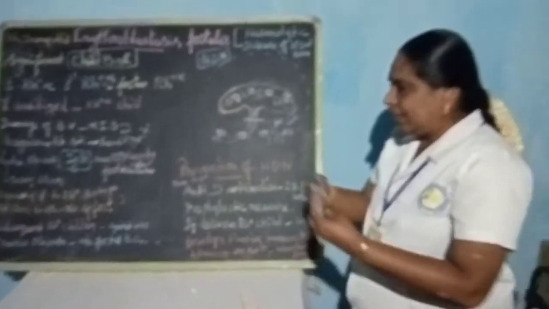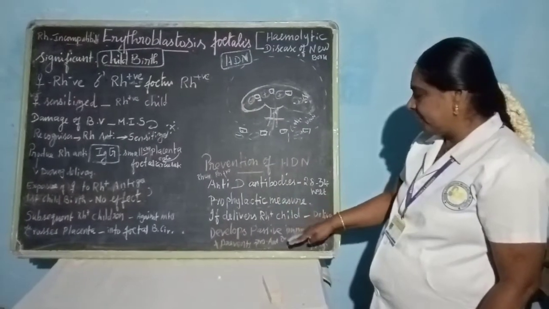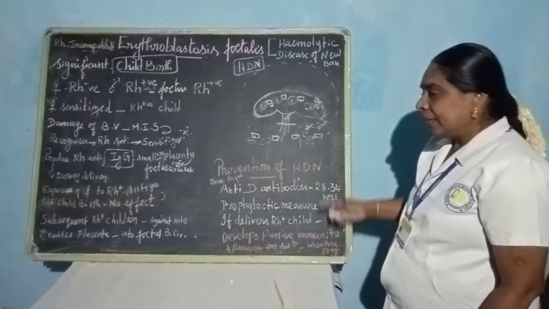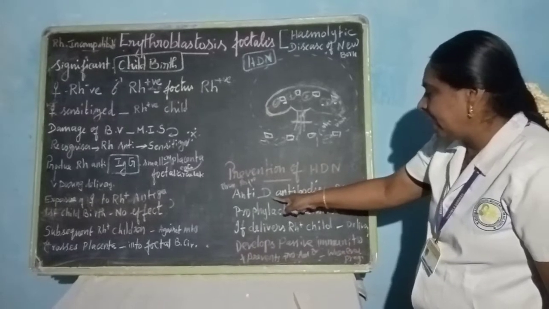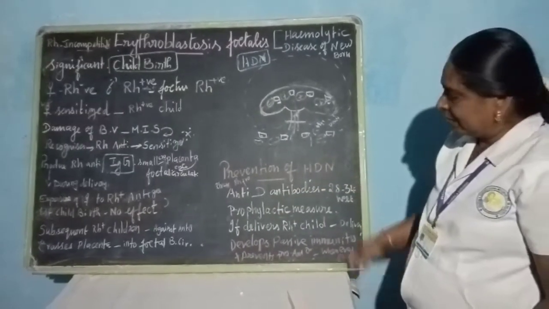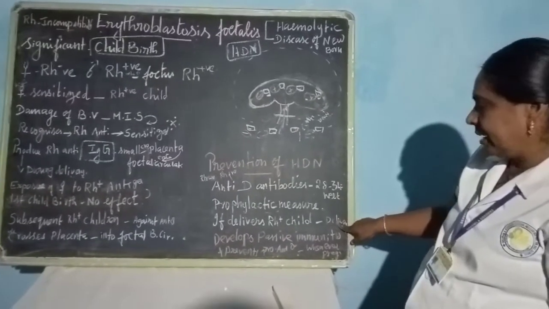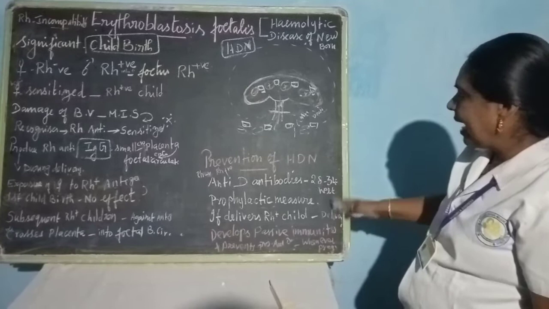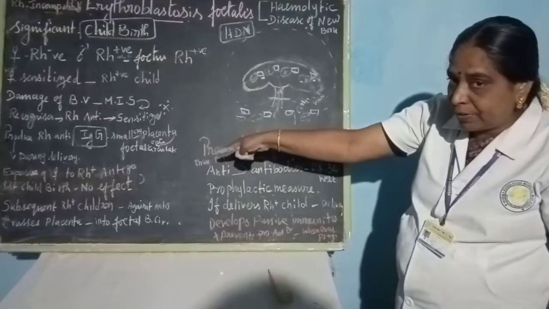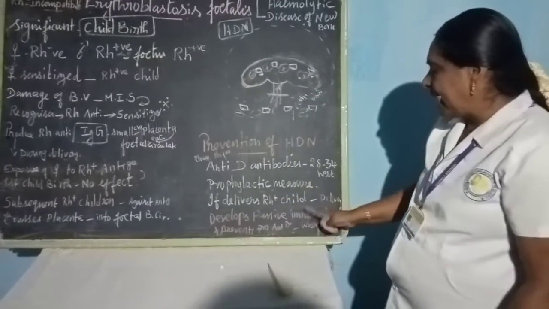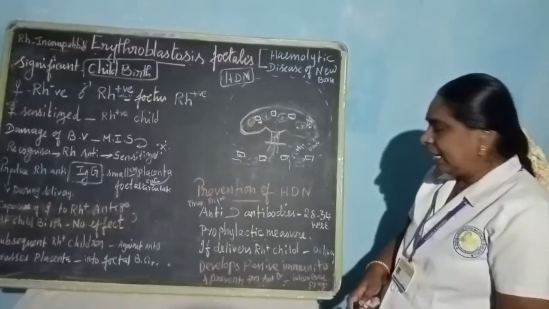If she delivers an Rh positive child, then after delivery, immediately the mother must be administered the anti-D antibodies. During gestation and after delivery also, the mother is given them. When she receives the anti-D antibodies, it develops passive immunity and prevents the production of antibodies.